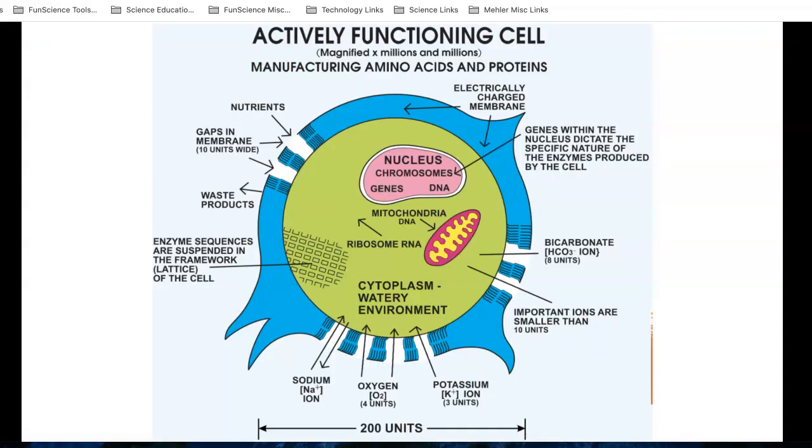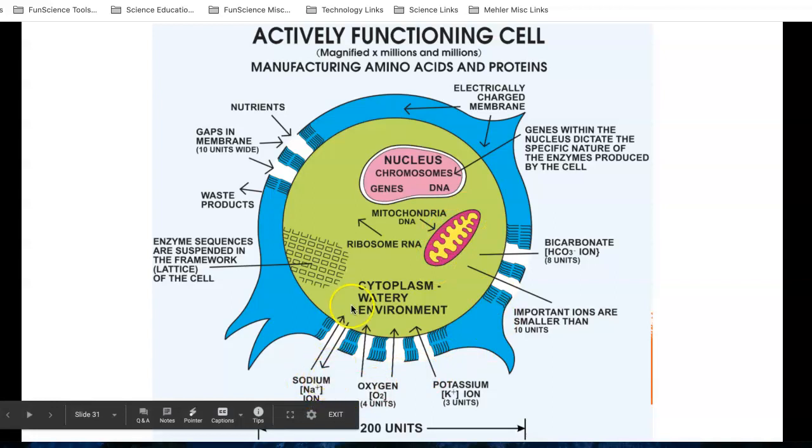Now you don't have to memorize this diagram, but I wanted to show it to you because it shows you how much is going on inside a cell at any one time. All the manufacturing of amino acids and proteins. Don't worry about that. We'll talk about them later. The nutrients going into the cell over here, the waste products coming out of the cell, different materials that have to come in that help build ribosomal RNA or help energy from the mitochondria.